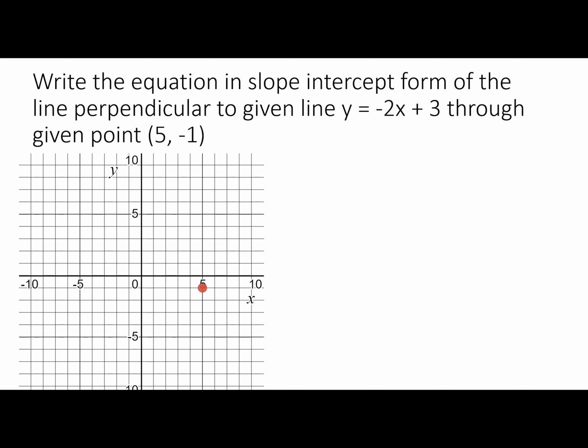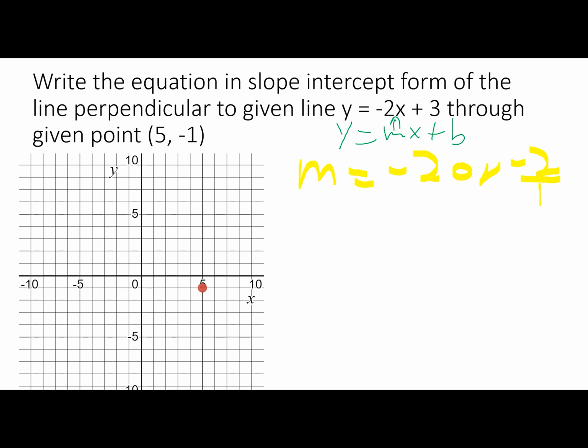We have to identify the slope of the line it's going to be perpendicular to. Since this equation is already in slope-intercept form, our slope here is negative 2, or negative 2 over 1.